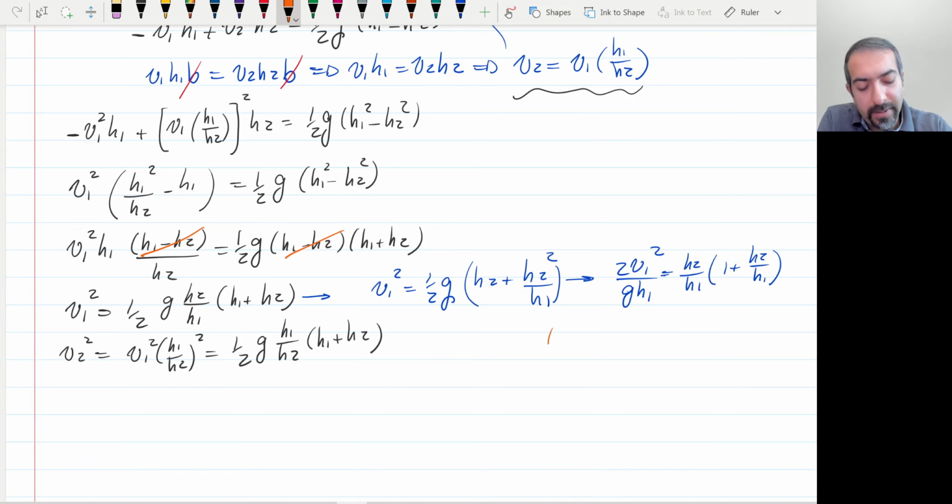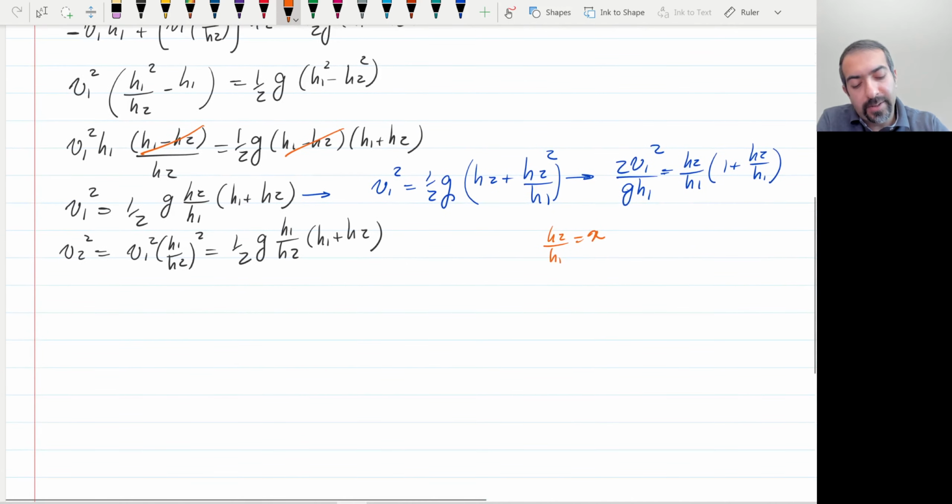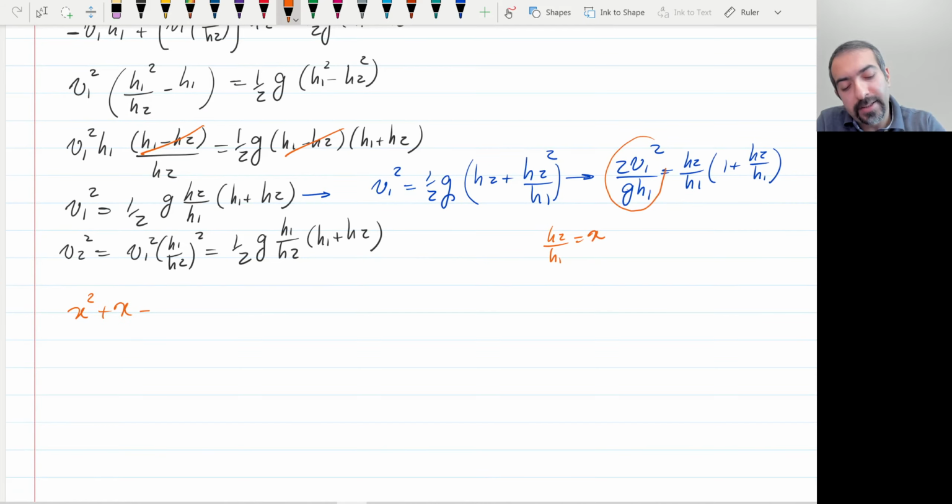And now let me call h2 over h1 an x. So basically this expression is x^2 plus x minus, and I'm going to call this just a constant C to simplify our expression, minus C is equal to 0. So this is a second order equation, easy to solve.